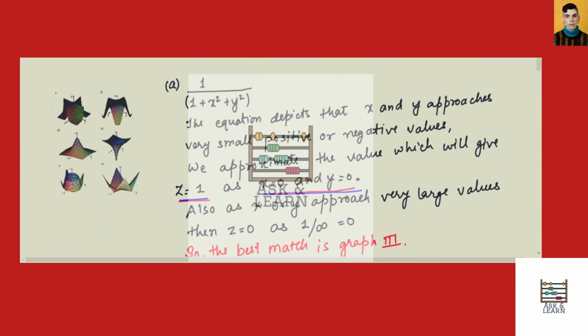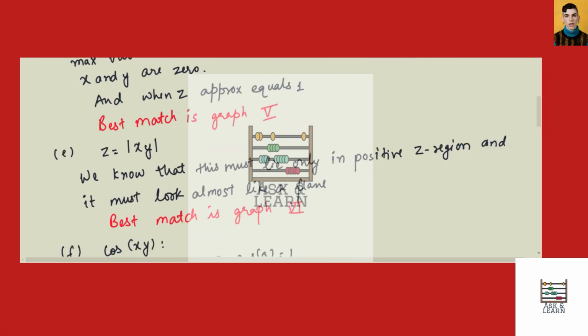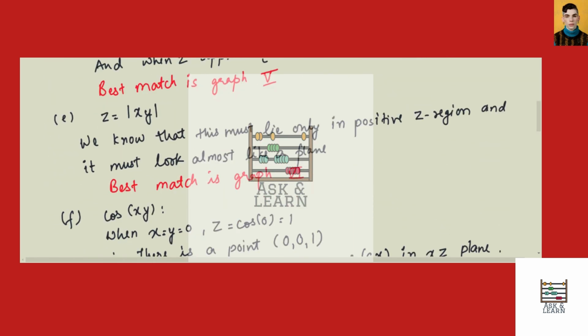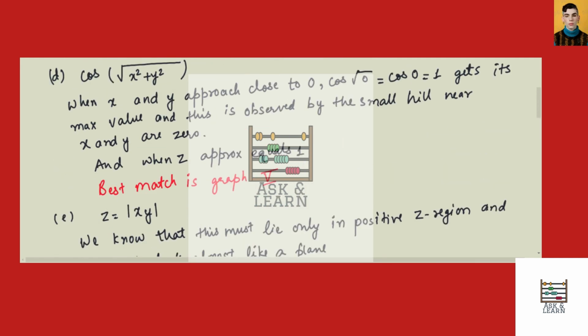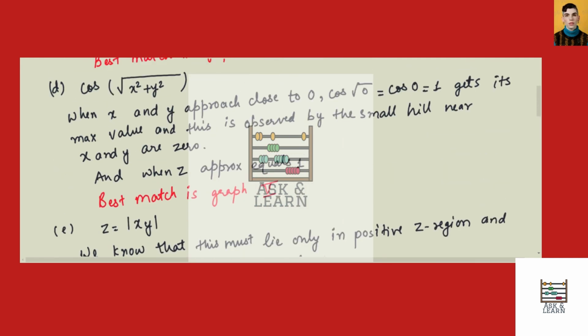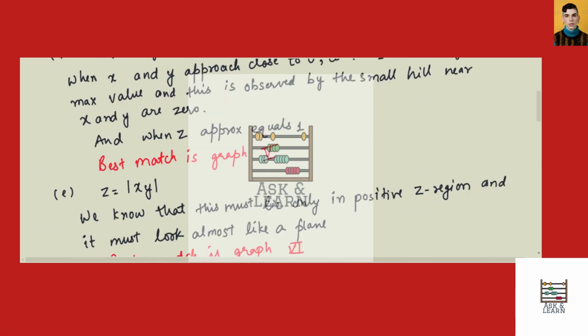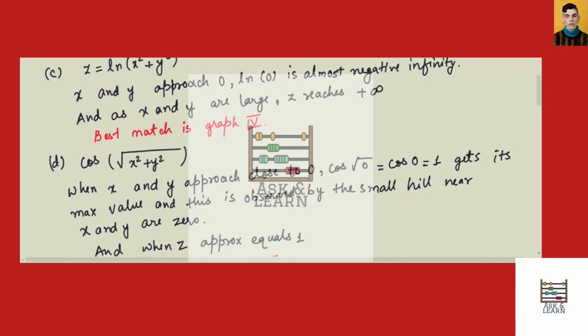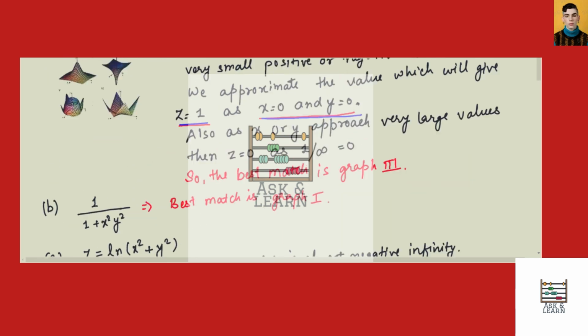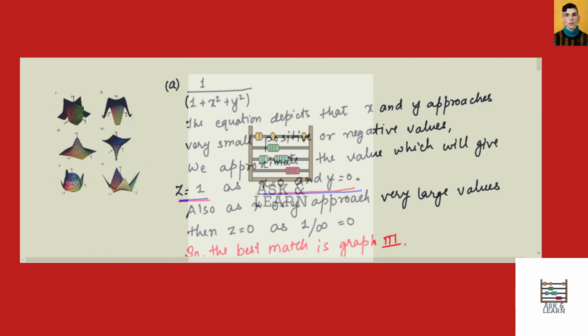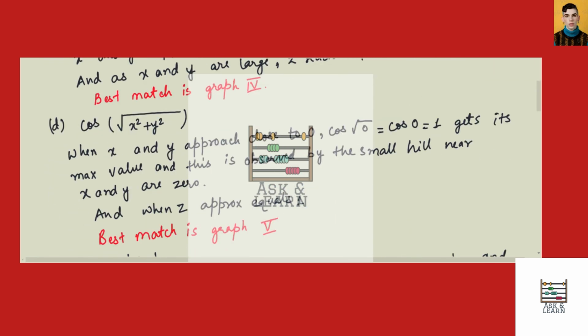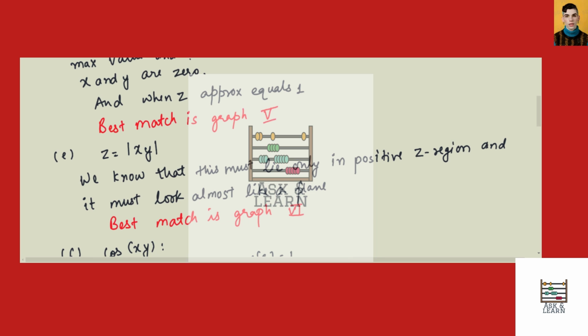So this is seen in the fifth graph. For every x and y equal to 0, cos 0 will be 1.